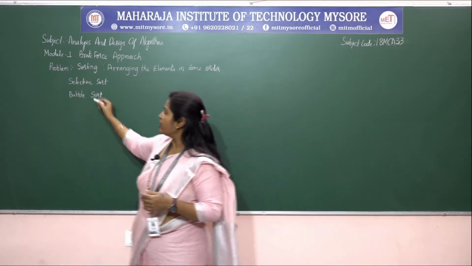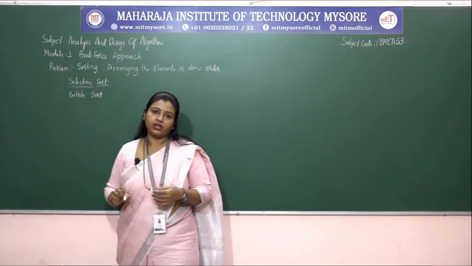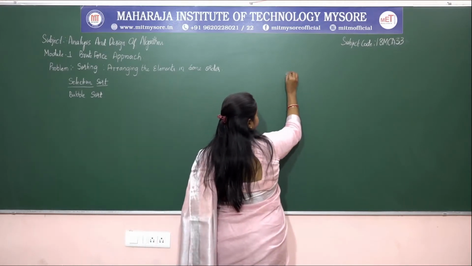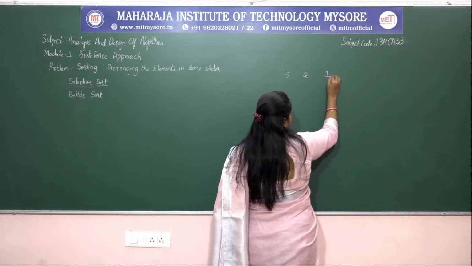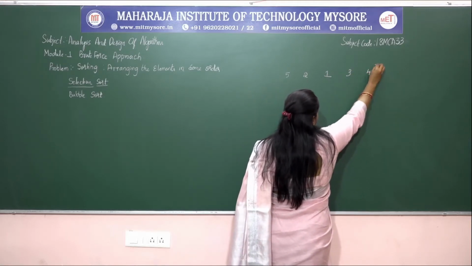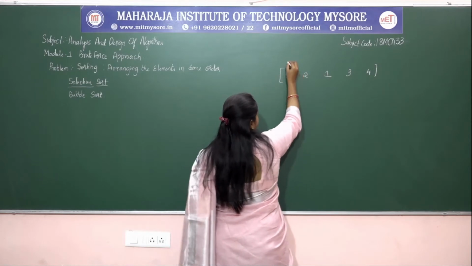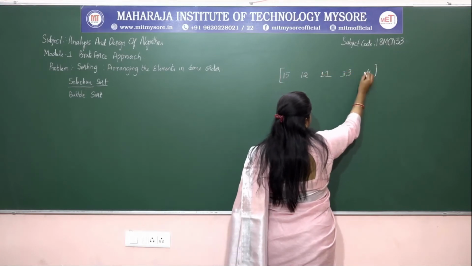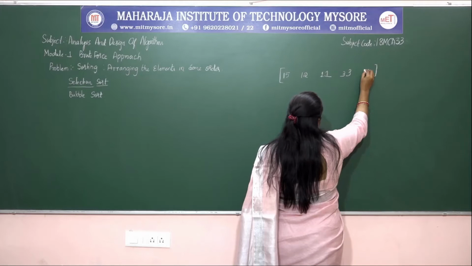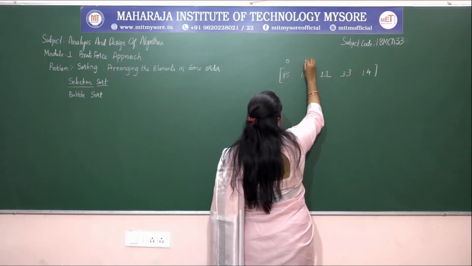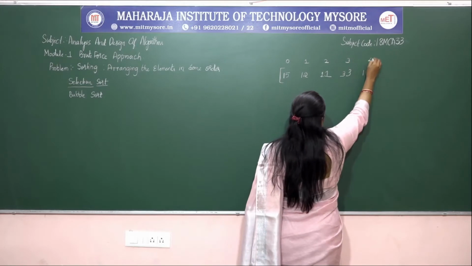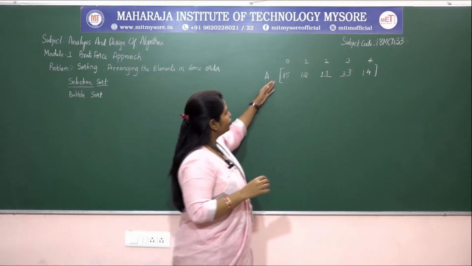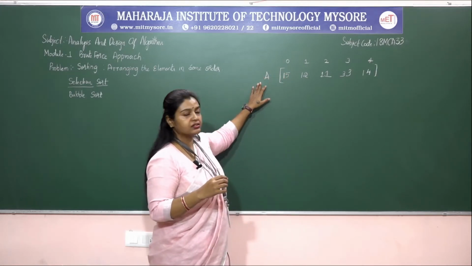In today's class we are going to learn this selection sort. So what is selection sort? Say for example, if you have these elements, usually these elements are going to be accessed through the array.